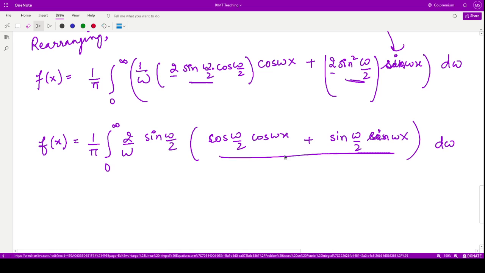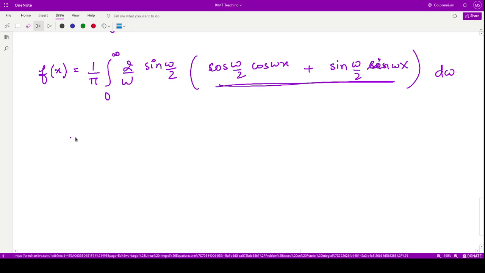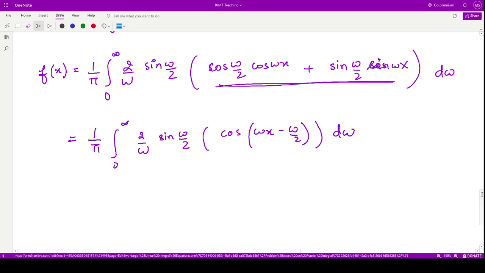Now look at this term. This term is cos A cos B plus sin A sin B. So we can use the formula. So this term would not be cos of A plus B, it would be A minus B. So I could write this to be cos of (omega x minus omega by 2) d omega, right?